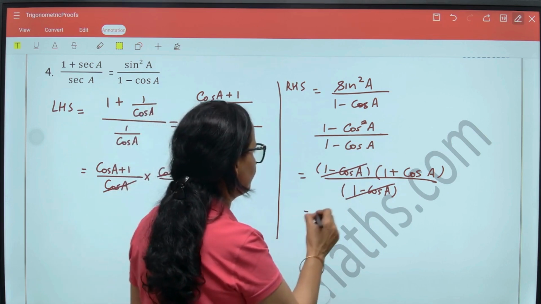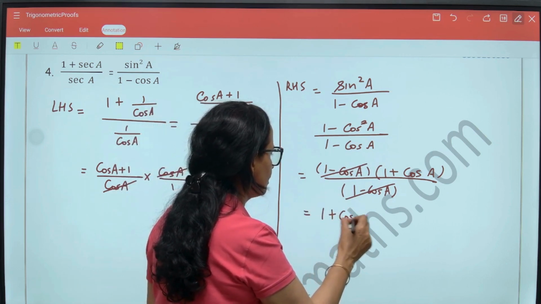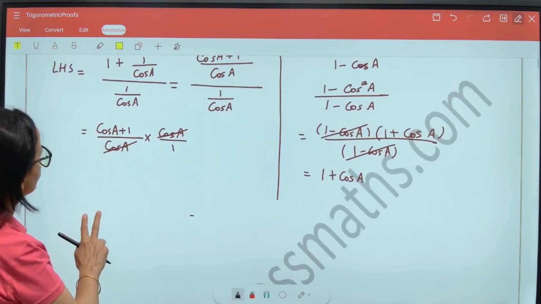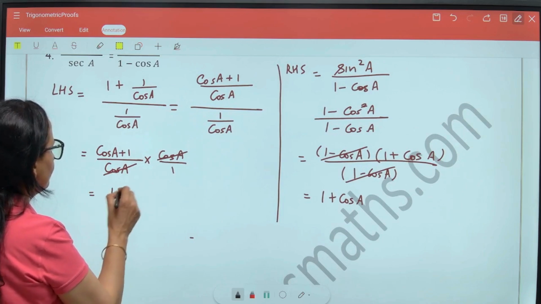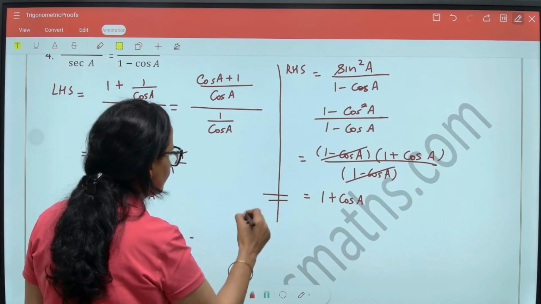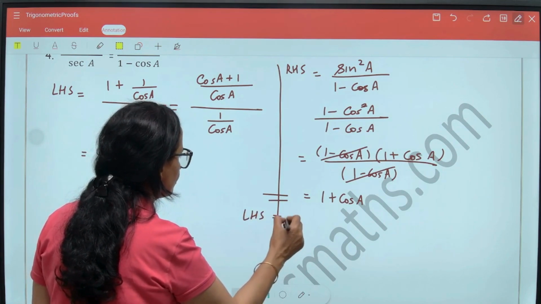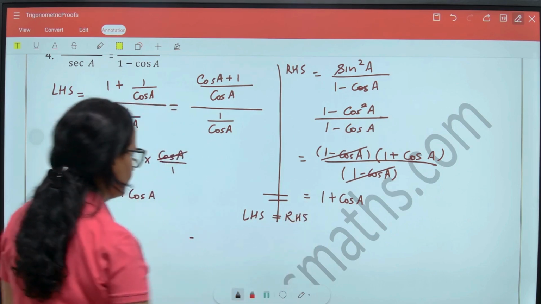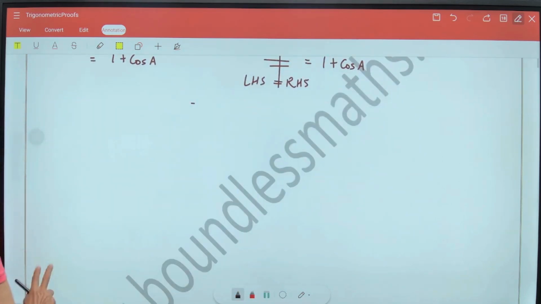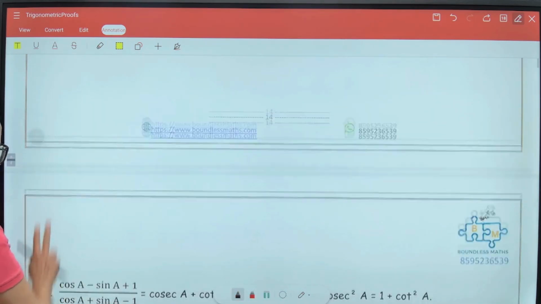So, we are left with 1 plus cos A, which is the same as what we got on the left side. So, we can say the left side is equal to the right side, and hence the question is proved. Easy? Okay.